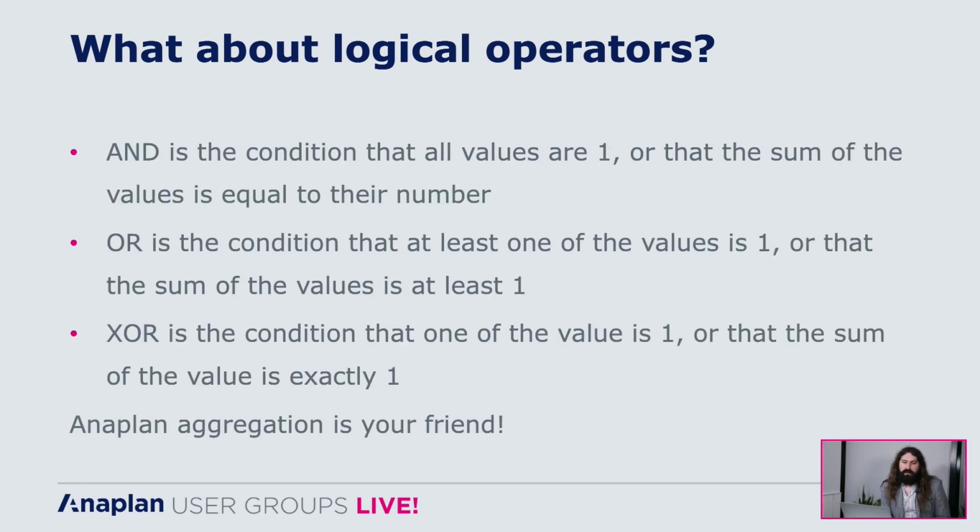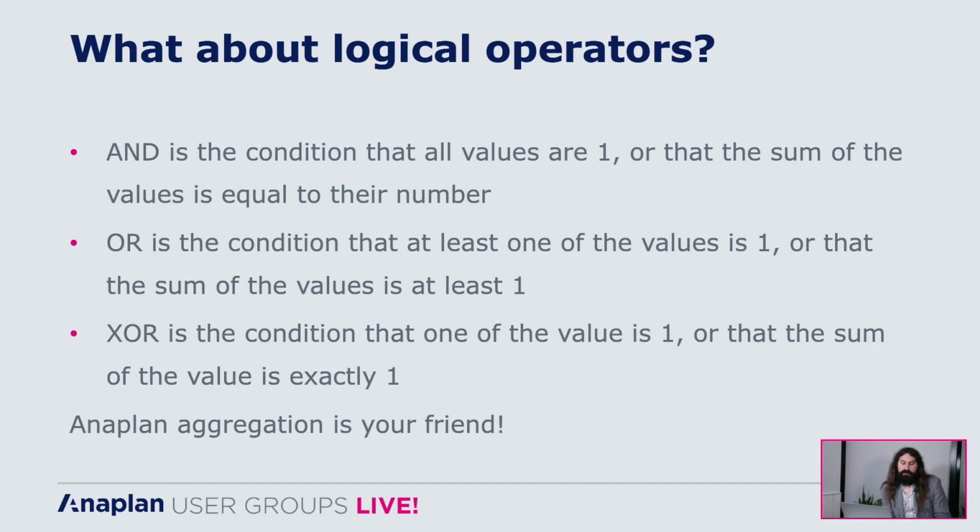So when we have a representation of 0, 1 for our Booleans, then what AND means is that all of those Booleans equal 1. So that means that the sum of those values is equal to the number of values there are. OR is that it's greater than or equal to 1, so you have at least one of them being true.